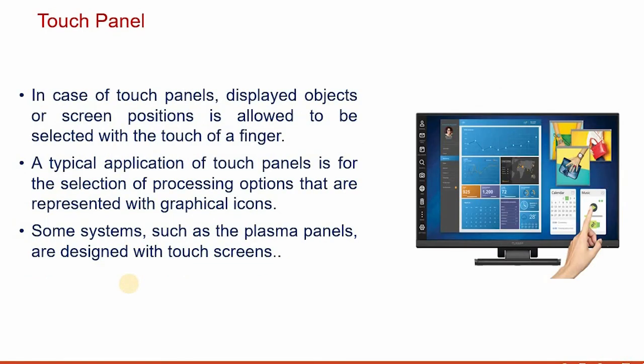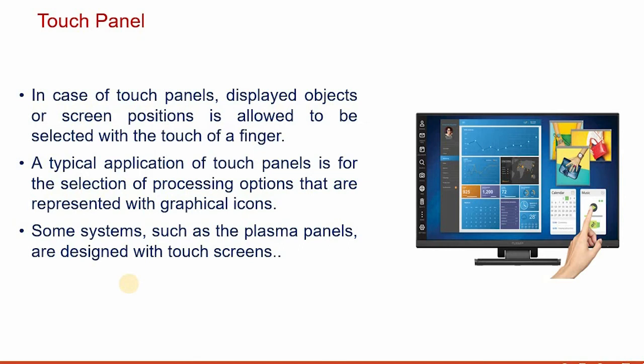The next important input device is the touch panel. In the case of a touch panel, displayed objects or screen positions can be selected with the touch of a finger. Whenever we touch the screen with a finger, the object is automatically selected.